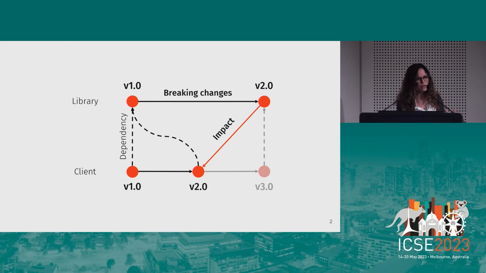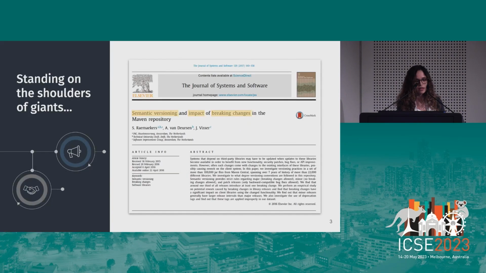So what we really wanted to know was, okay, we are indeed introducing breaking changes, and there are quite a few tools that can detect them, especially in Java. But what is the real impact on client code? What is the size of that problem? So to address that problem, we tried to find some examples or some studies in the state of the art, and we found few of them.